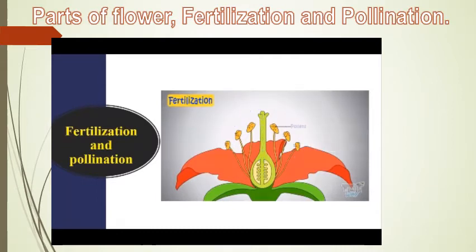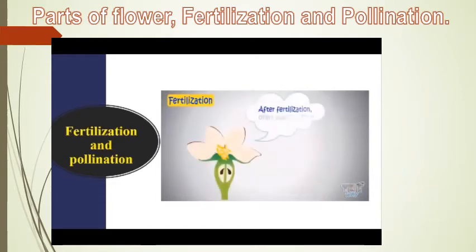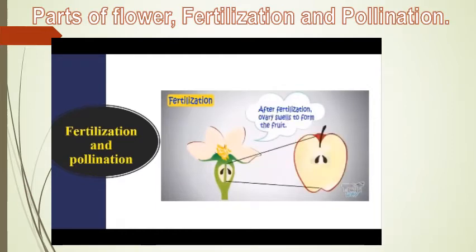When pollens from the anther of the stamen join with the ovules present in the ovary, it is called fertilization. Fertilization forms the seeds inside the ovary. And after fertilization, this ovary changes into a fruit. That's why seeds are there inside the fruit.